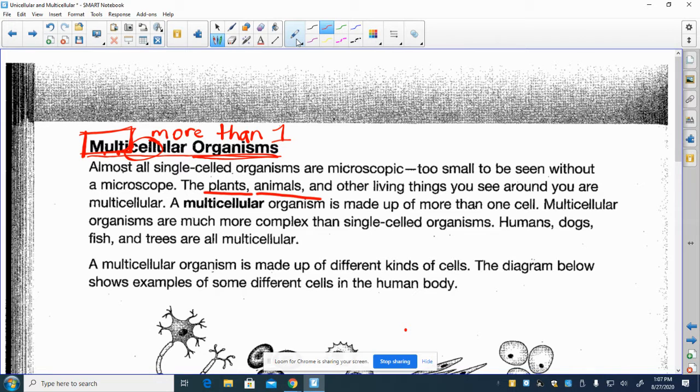Plants, animals. If you can see it without a microscope, it's pretty much multicellular. A multicellular organism is made up of more than one cell. Okay, we need to know that. So unicellular has one cell, multicellular has more than one cell.